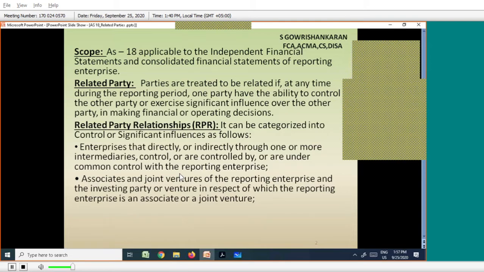What they are trying to say is, one independent person holding more than 25% shares in a particular company is a related party to that company, because he can control and influence that company as a major shareholder. That individual is also a related party.